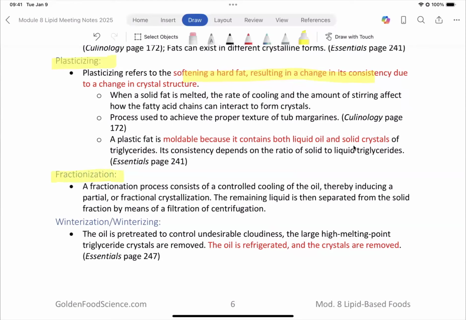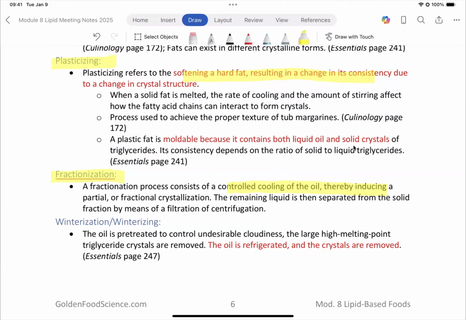Fractionization is the process of controlled cooling of the oil. I always liken this to putting your olive oil in the refrigerator. It gets all cloudy looking, because the more saturated fatty acids in there crystallize, and that's the cloudiness.